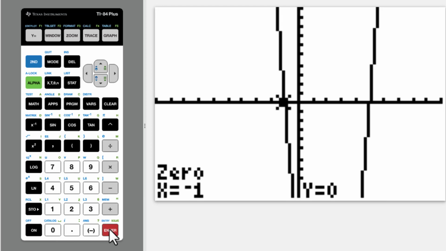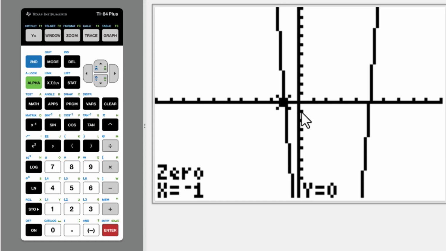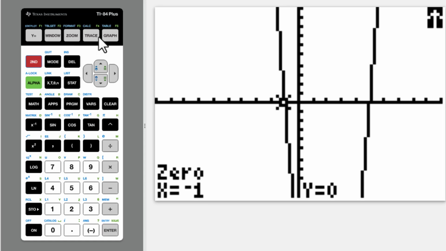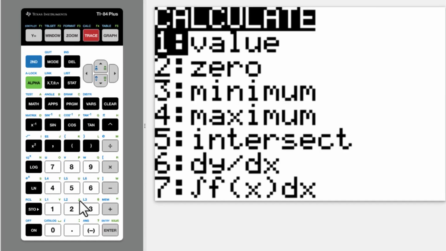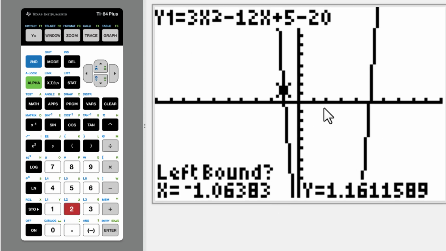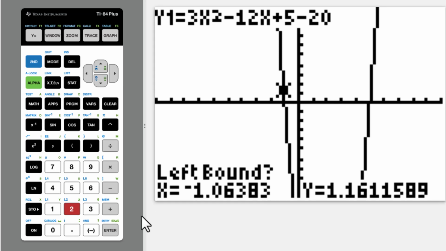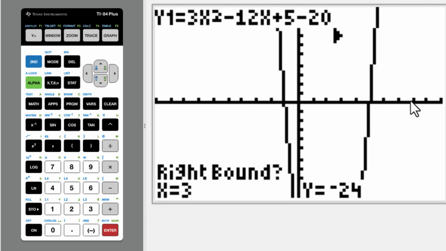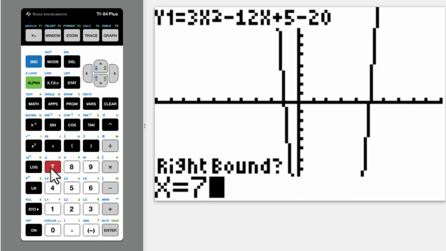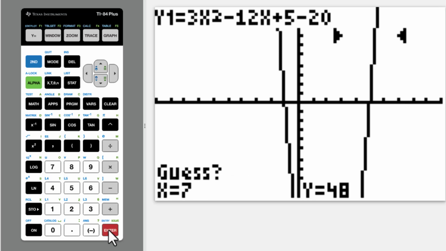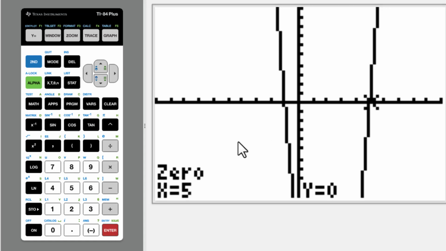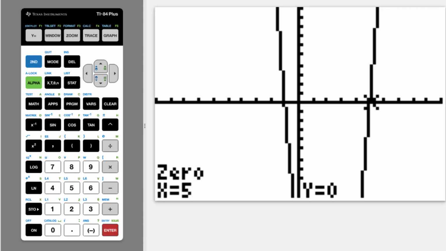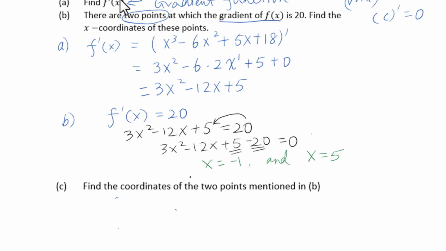Enter, enter. So we get -1. Second trace again, go to 0. Left bound, this is 1, 2, 3. Right bound, let's do 7. Enter. x equals 5. x equals -1 and x equals 5.